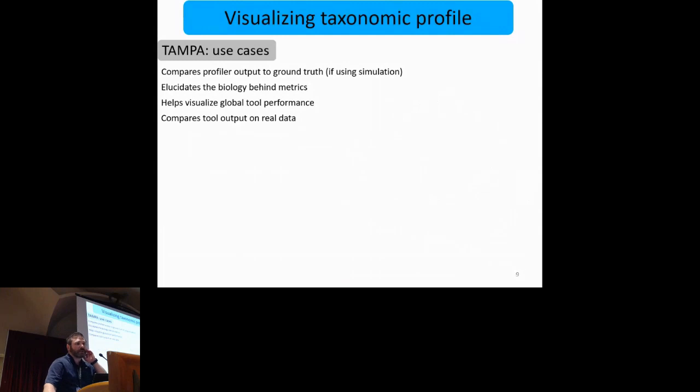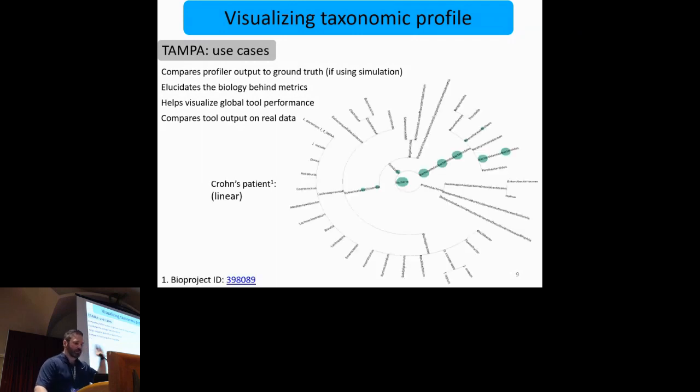But beyond doing benchmarking and simulated data sets, we can also compare outputs on real data. So I just went and pulled some random study looking at patients with Crohn's and patients without. And we can do a linear plot of the taxonomic profile. I did it with mOTUs. And we can see, if we plot it in linear relative abundances, a lot of Bacteroides.